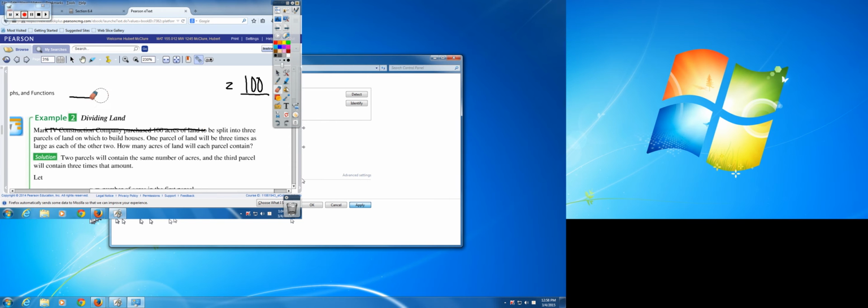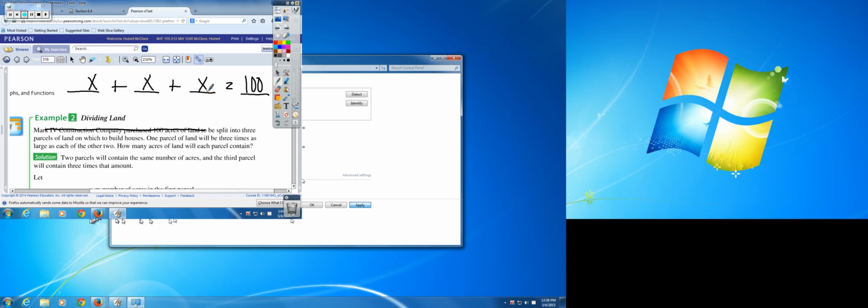So, 1, 2, 3. Now, we know each one is going to be X or Y or whatever. Each one is going to be X because that's usually what your unknown number is. So we're going to put an X here, an X here, and an X here.